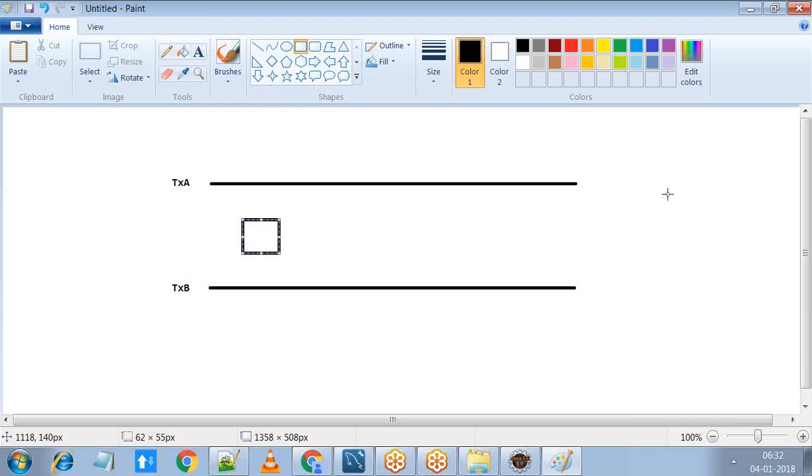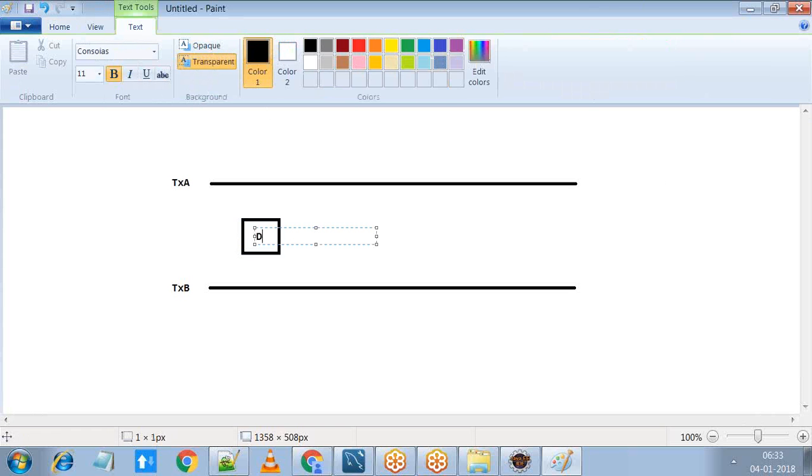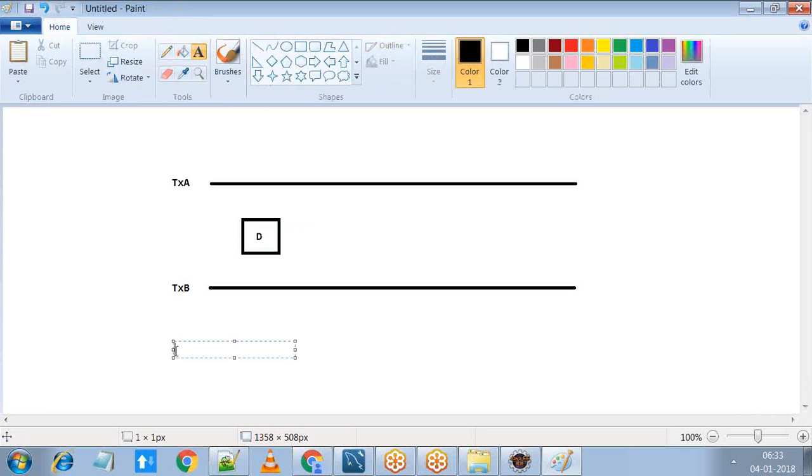This is the data set, I mean the row. Data set means the row. So D refers to the data set here.